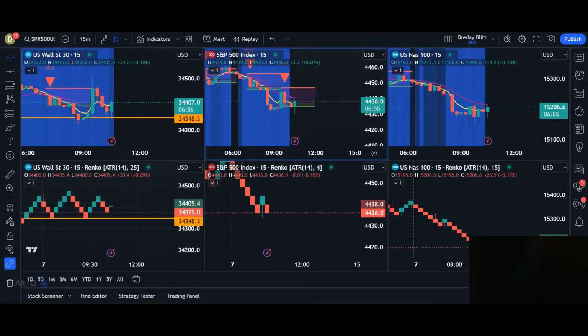You just have to make sure that you put it on the same time frame as your chart. Even though the Renko is not time frame based, it will take the data off of the time frame that you're trading on. For this example, we're trading the 15-minute chart, so the Renko will be on the 15-minute time frame, but it's really based off of points and not on time frame.